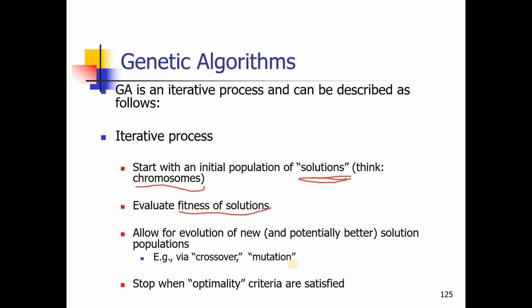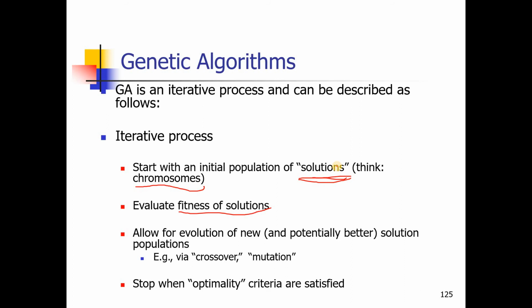This is an iterative process, a continuous process that occurs repeatedly. We start with some initial population of solutions, for example some number of states or chromosomes.